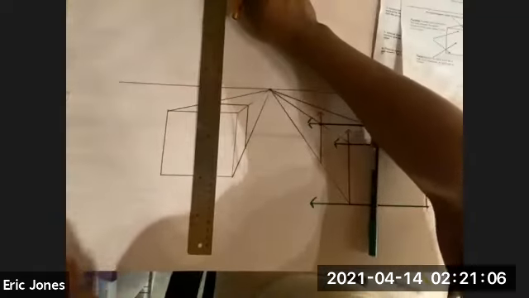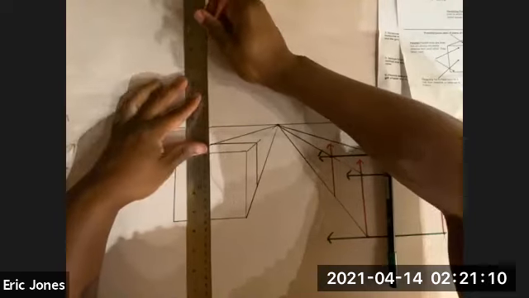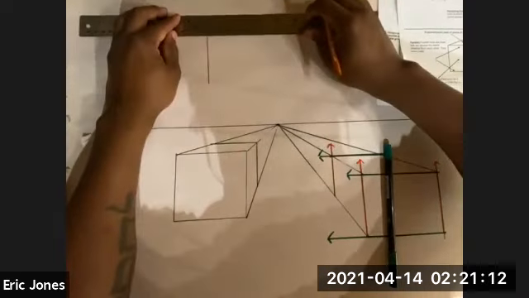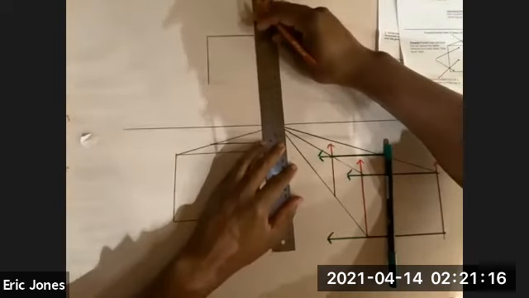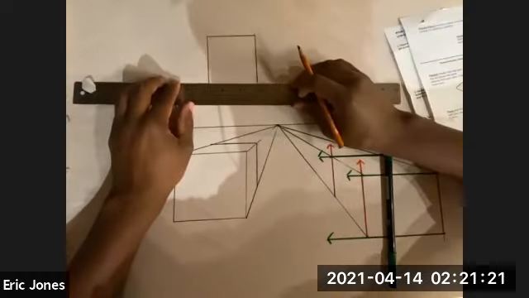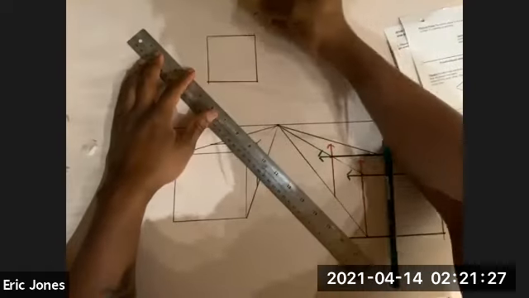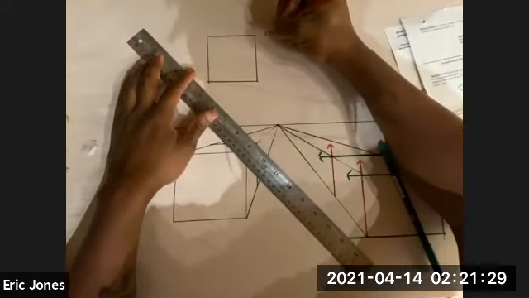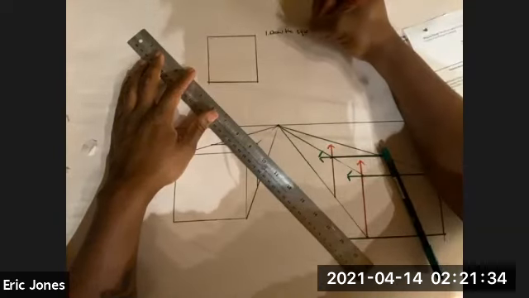So we do the same thing above the horizon line. Bring this down so you can see it. So step one, draw the square.